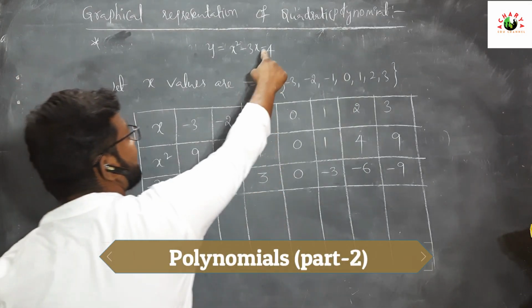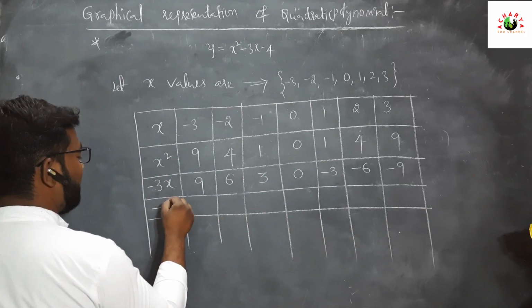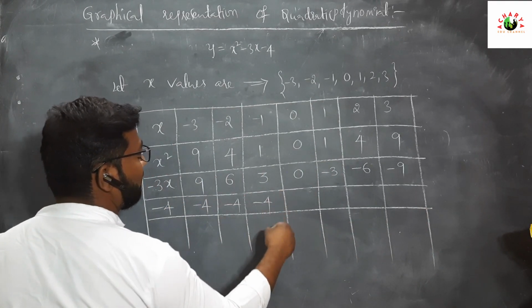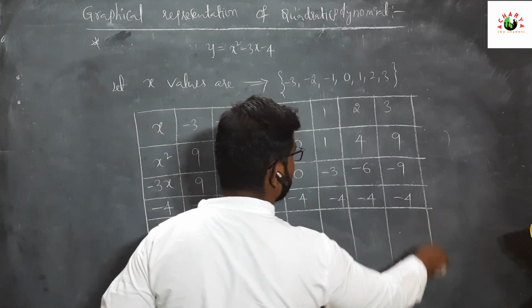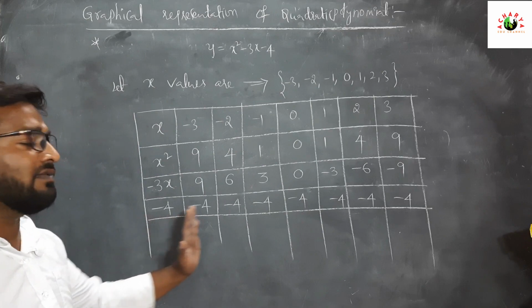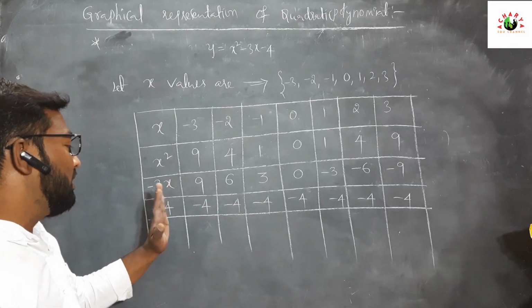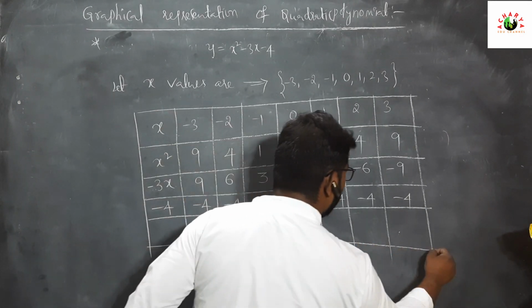The next value is minus 4. We write minus 4 directly for all of them. Why am I writing minus 4 for all? Because minus 4 is a constant term, not attached to the variable. So finally we have to find the value of y.